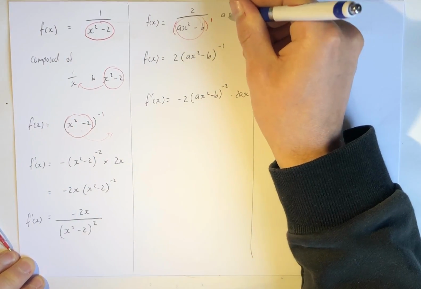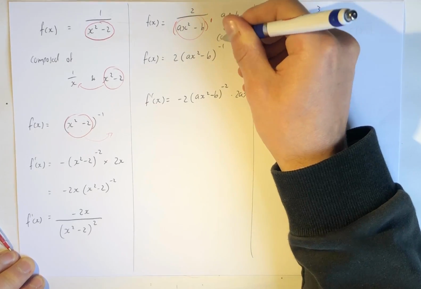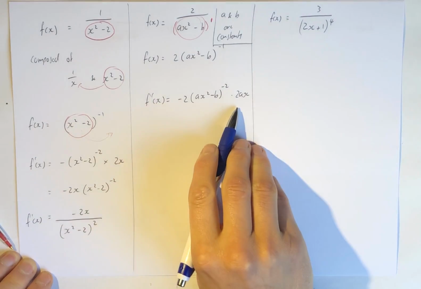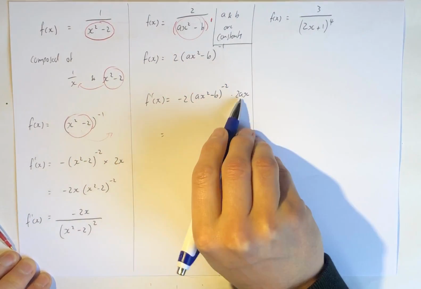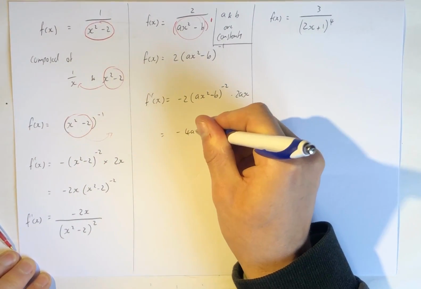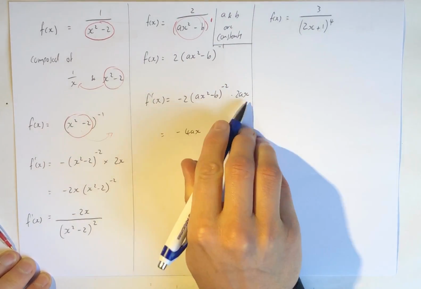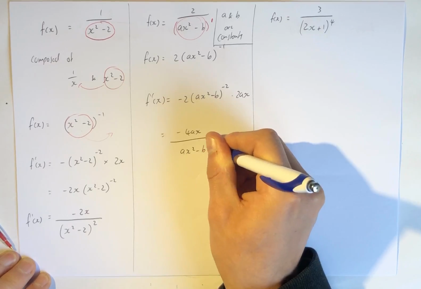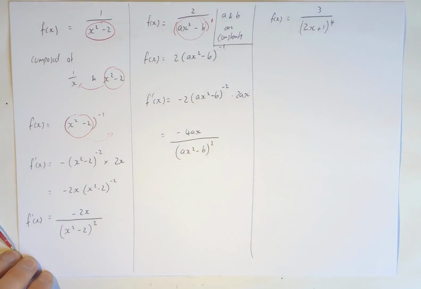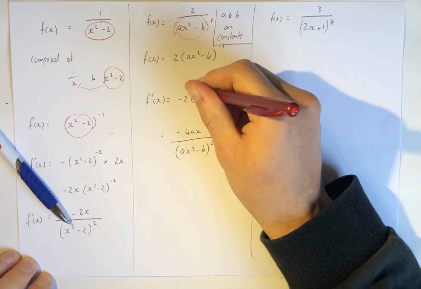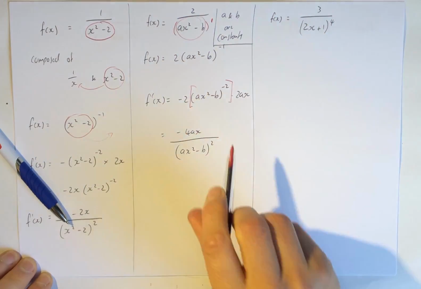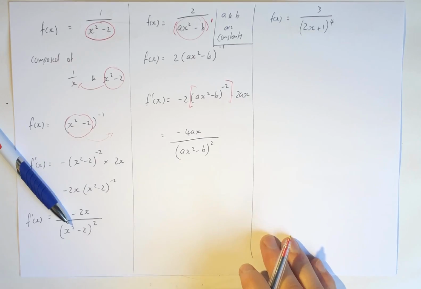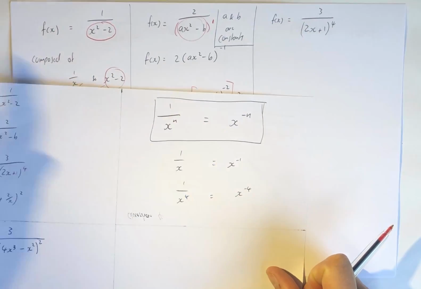Here a and b are constants. Now we write this out as negative 4ax all over this thing squared, ax squared minus b all squared. If I want it to have a positive power, it has to go on the bottom from that rule there.